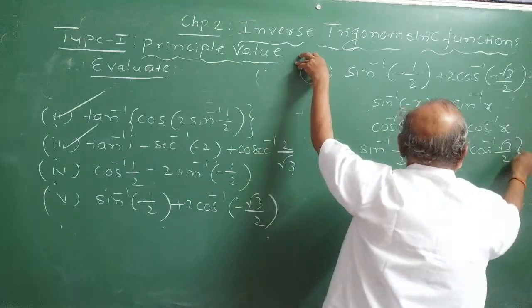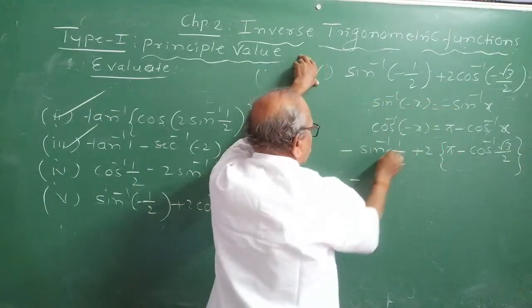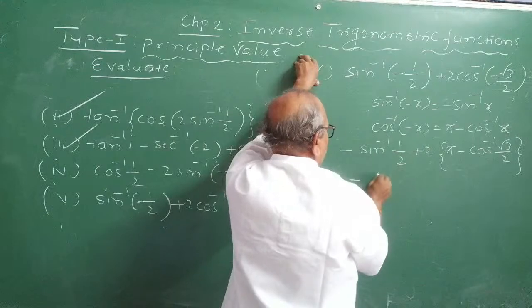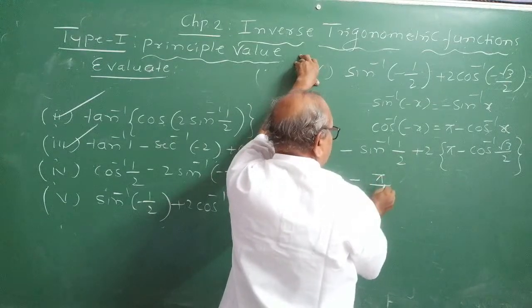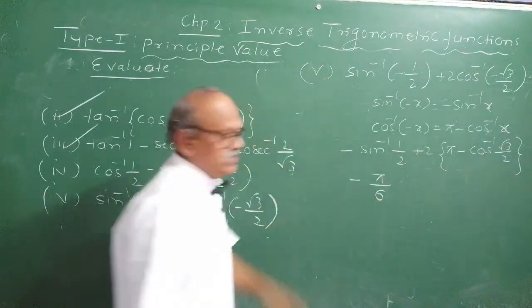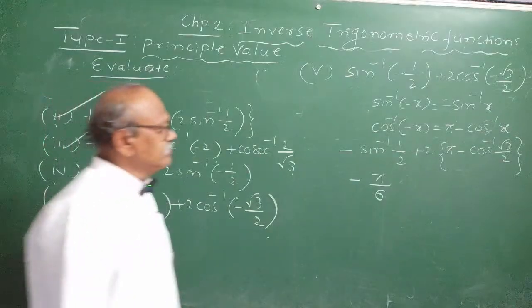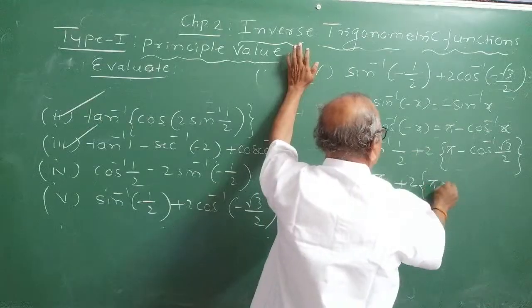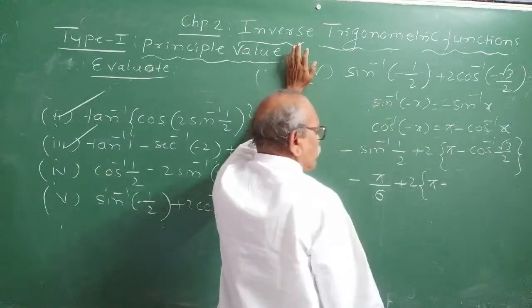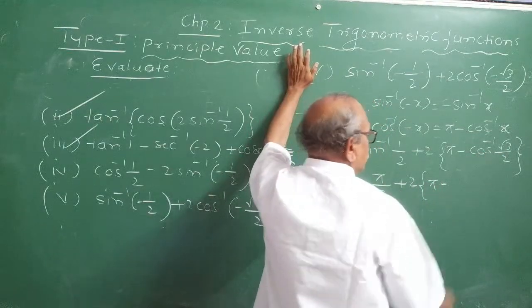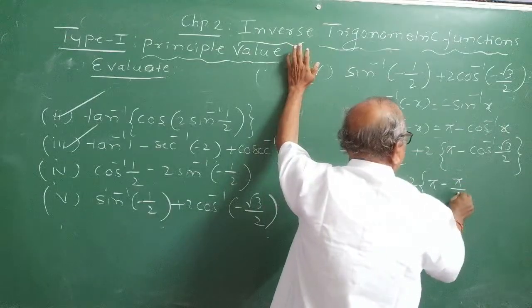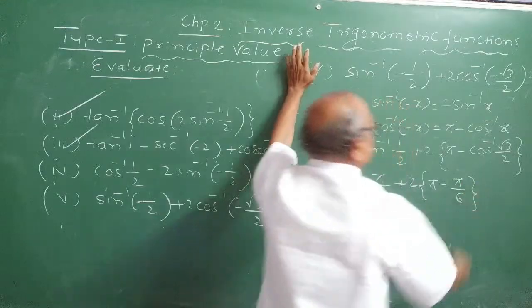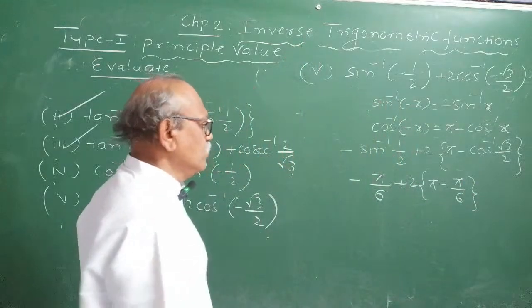Just substitute the values. For what angle of the sine you get 1 by 2? You will get it for 30 degree. 30 degree can be written as pi by 6, plus 2 into bracket pi minus, for what angle of the cos you get root 3 by 2? Is 30 degree. 30 degree is pi by 6.